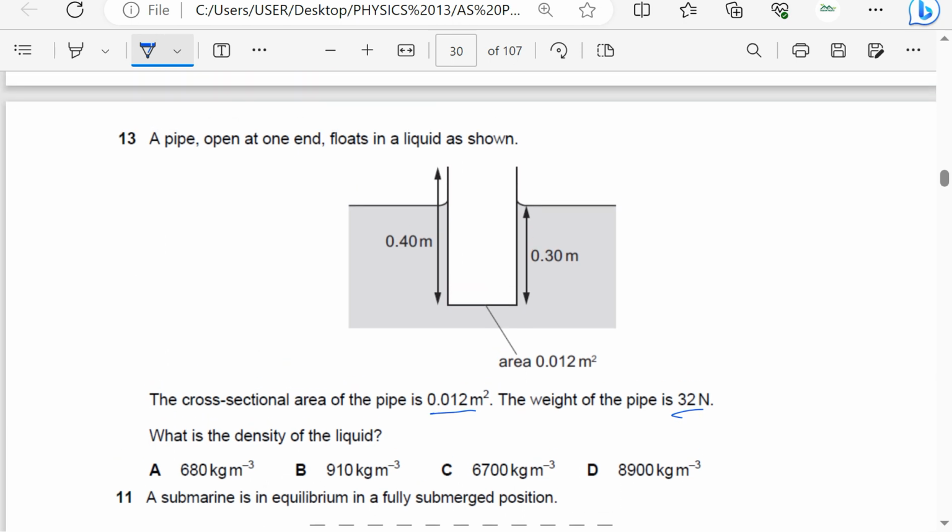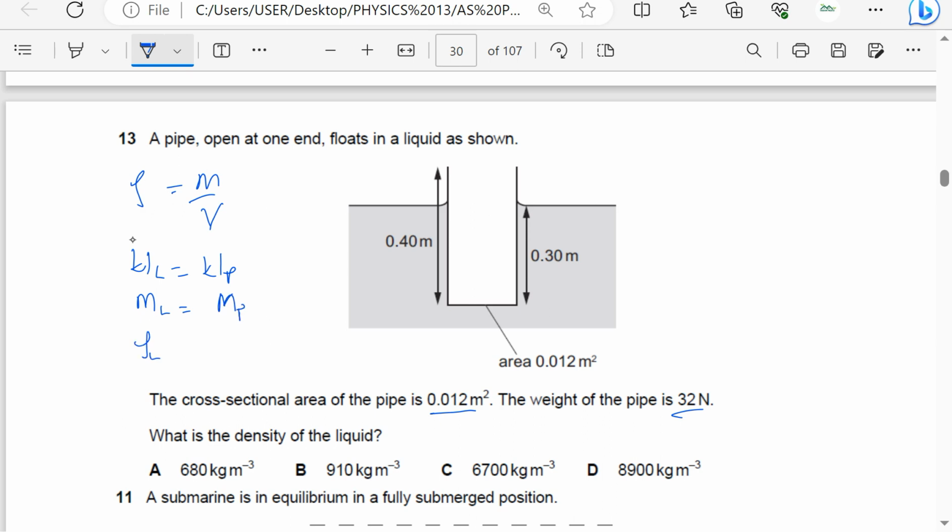So to start with, density is equal to mass over volume. Let's first find the weight of the pipe. According to Archimedes' principle, the weight of the liquid displaced will be equal to the weight of the pipe. That means the mass of the liquid will be equal to the mass of the pipe.